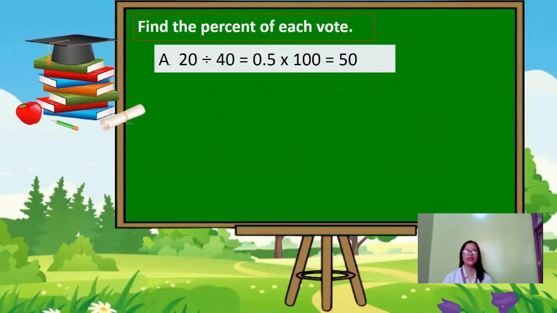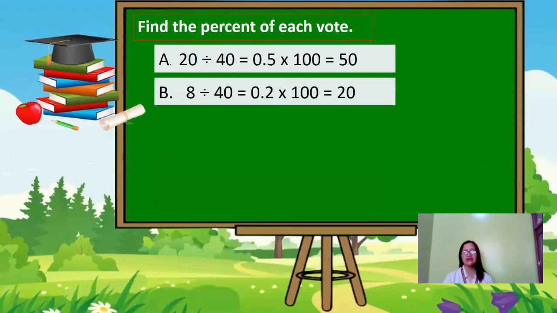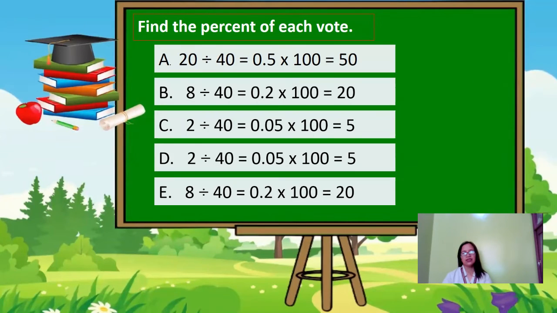So for each vote, we have letter A, 20. So divide it by 40 because 40 is the total number of customers. So 20 divided by 40 equals 0.5 or 5/10. Then multiply it by 100 to get 50, or 50%. The next one is the formula.